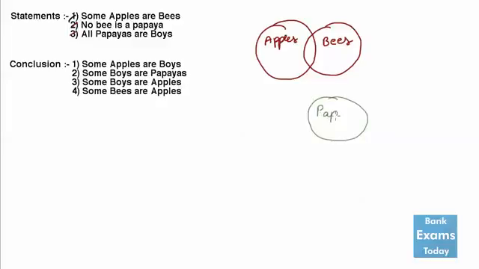Here goes the papaya. Papaya can be here or the papaya can be here. The papaya circle can be anywhere except this bee circle. And the third one is all papayas are boys.